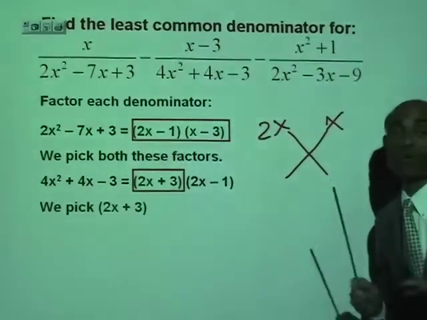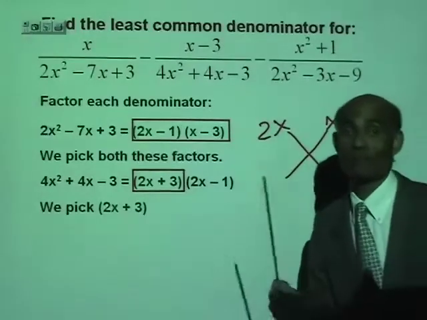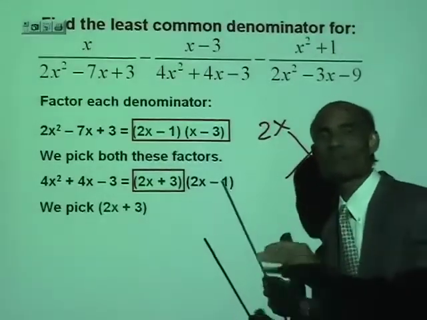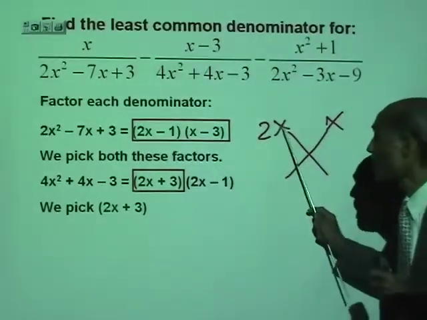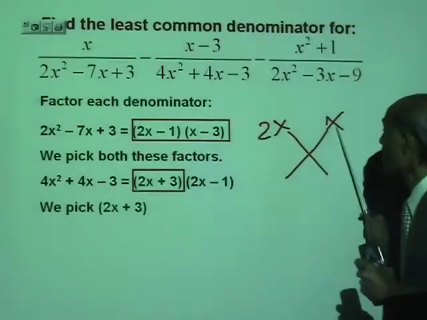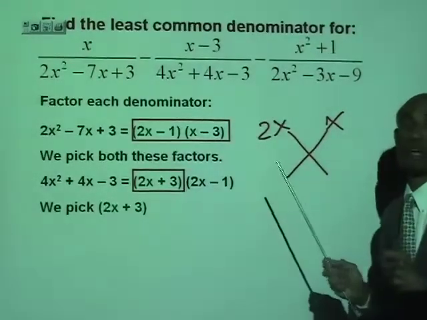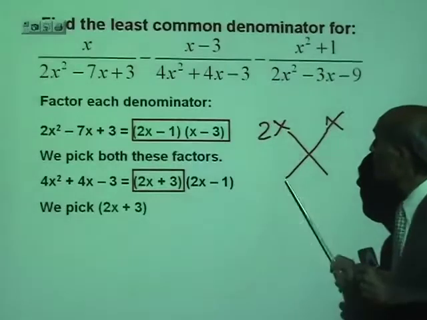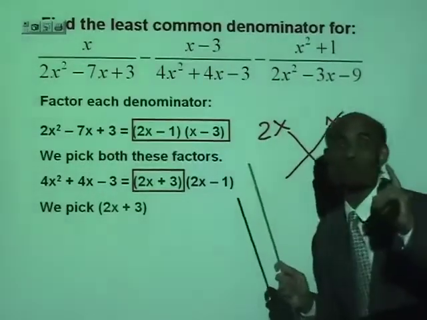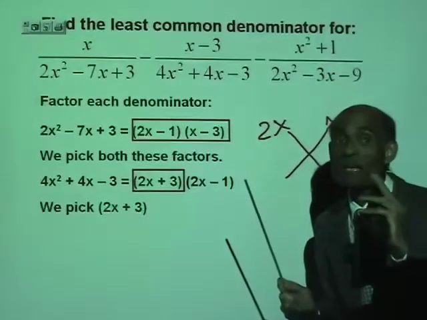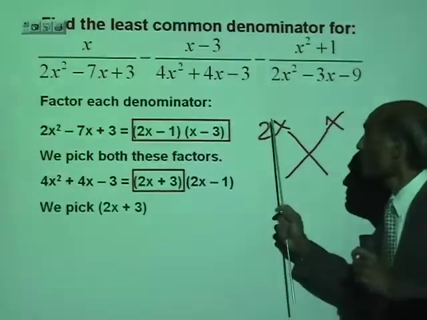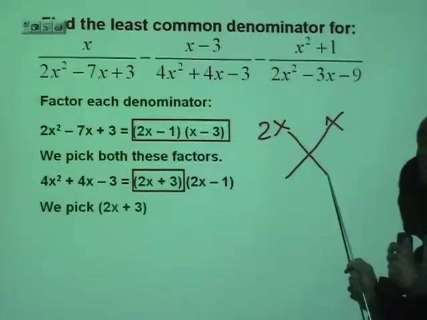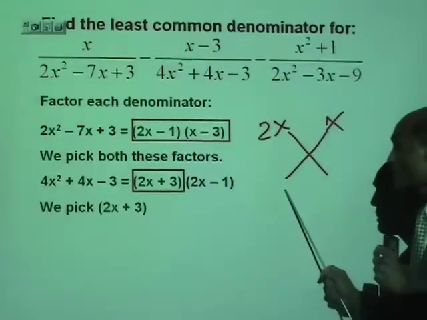Now the question is, where do I write the positive 3? Is it going to be below 2x or is it going to be below x? Now the clue is again the middle term. When you multiply and add, we want the sum to be negative. That means the bigger number has to be negative. So whatever you multiply this 2x by has to be negative. So negative 3 will be written here and positive 3 over here.